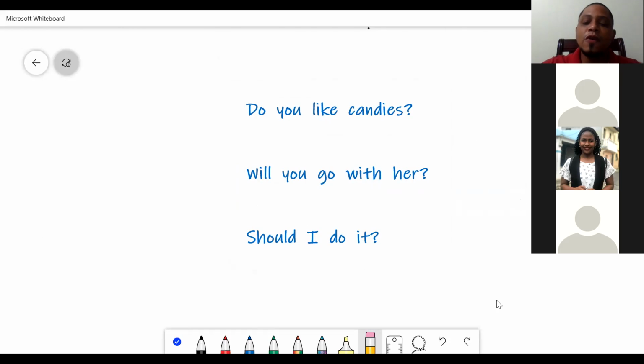Now, if you want to mark the tones here, you follow the same steps. You identify if it is rising or rising falling. You have to look for the last content word. Now, in the number 1, what is the last content word in the number 1?